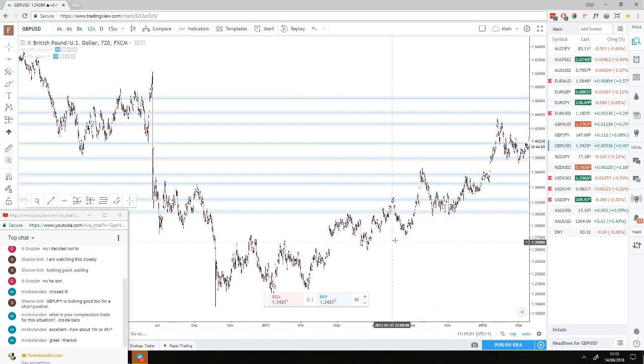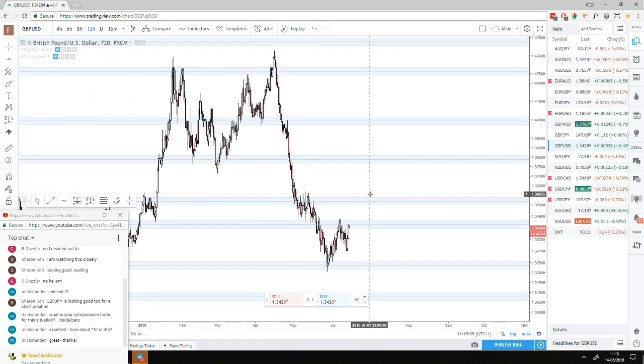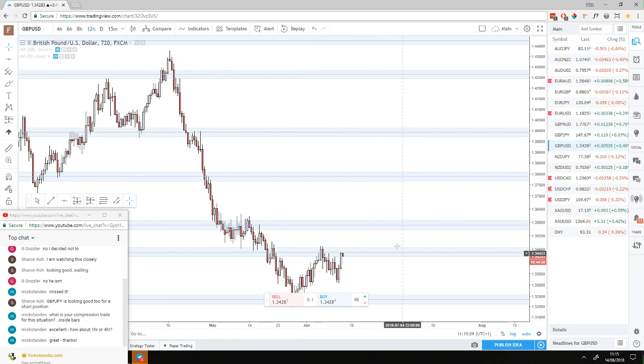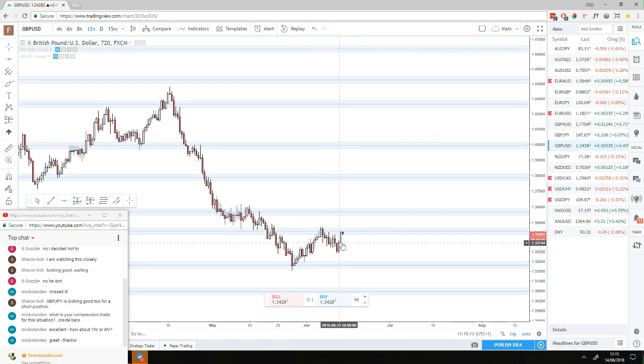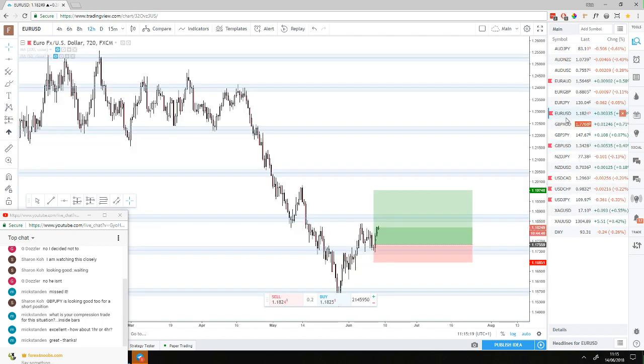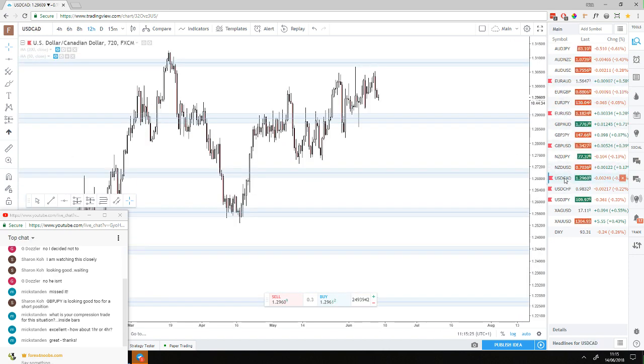It's not that great. It has some bounces in the past, but recently it's not been that great. We could potentially look for a short continuation here. Let's keep an eye on it, but I'm not that bothered with this, to be honest. I'm just trying to keep track of what we have marked.